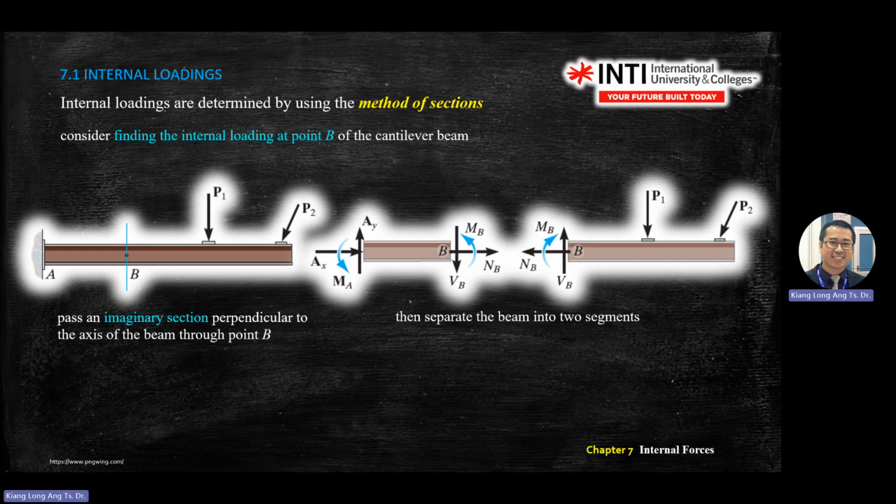Then the forces XY. Let's say you draw AY going up, so there's a force to balance the AY, so there will be VB, or you can say BY if you want, because it's point B. BY just represents this on the left-hand side, so maybe you label this one.